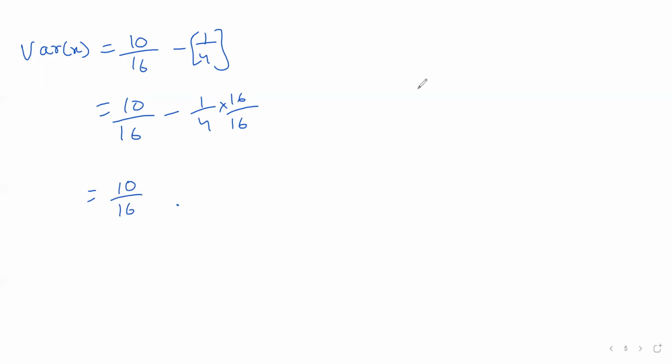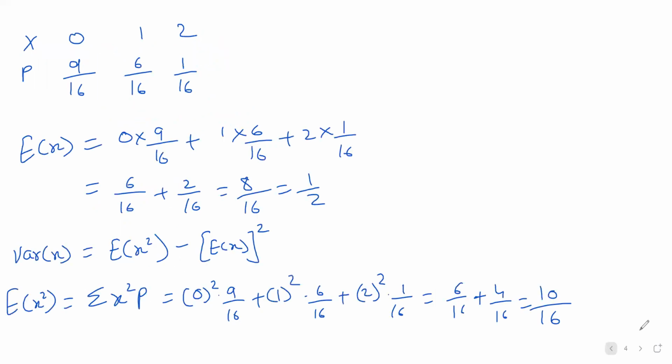Sorry, not 16, I'll have to multiply this by 4. So this will be minus 4/16. So that will be 6/16 actually. In the example we took of 0, 1, 2, these changes will come.